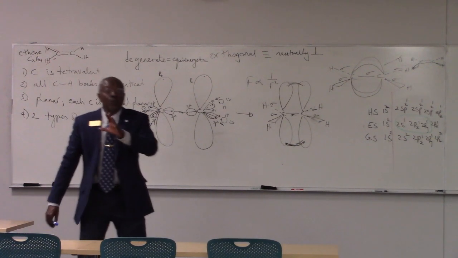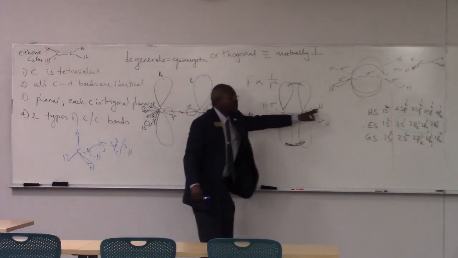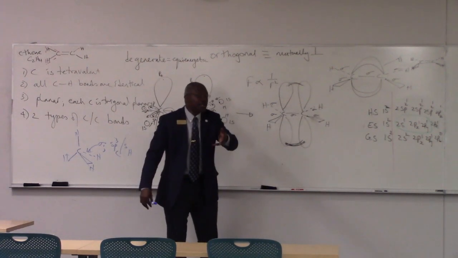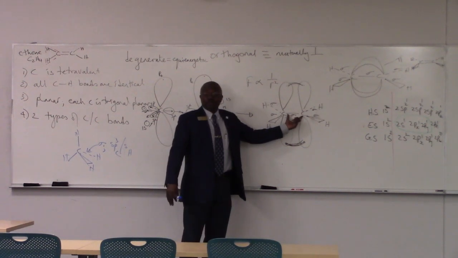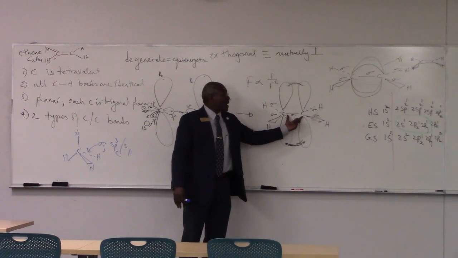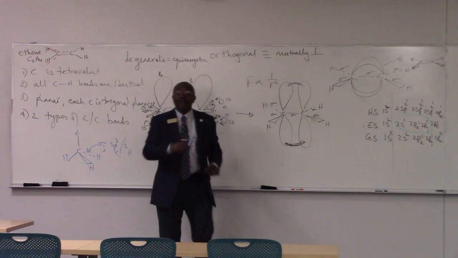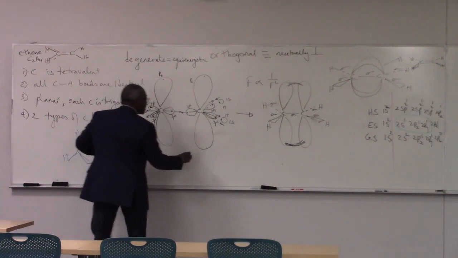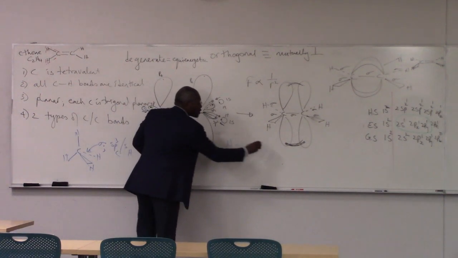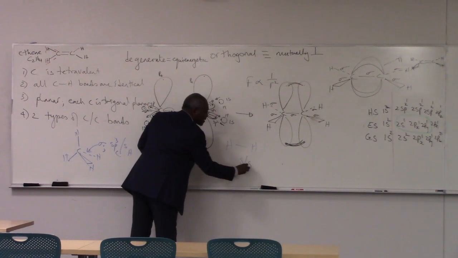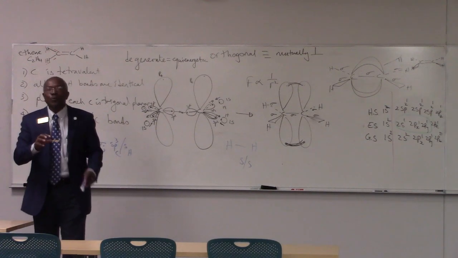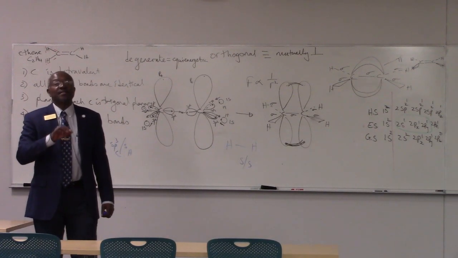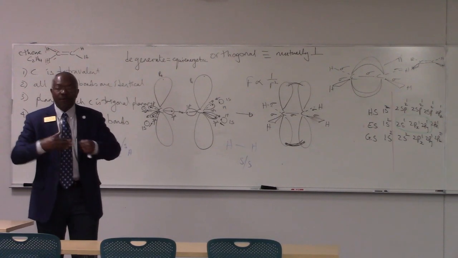It could be pure, like an s. It could be hybrid, like an sp2 or an sp3, or they can both be hybrid, sp2, sp2. In fact, for that matter, we saw the sigma bond in hydrogen, in H2, and that was s-s. So sigma doesn't care who interacts. It cares how they interact. End-on, sigma.